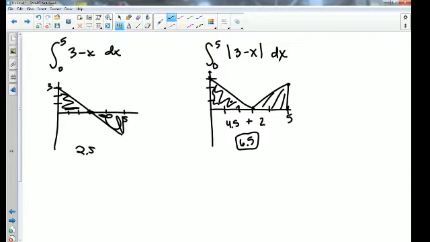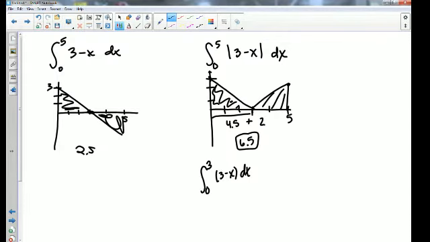Okay, algebraically, how do we work on this one? With the absolute value, we have to split it up where there are positives and negatives. So 0 to 3 is where this was normal, right? So that just gives us 3 minus x.